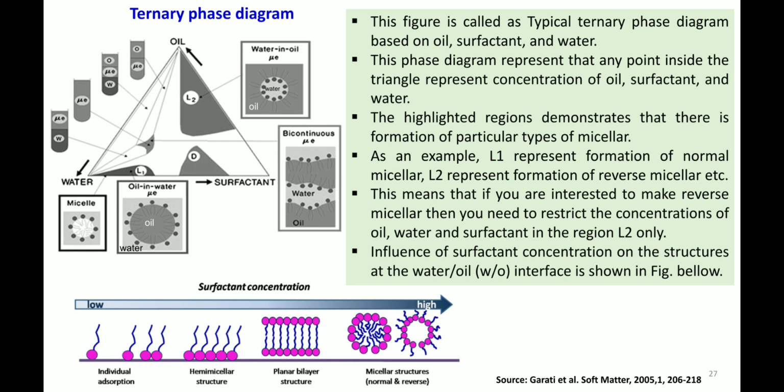If you are interested in more in-depth information about this ternary phase diagram, you can refer to the paper published by Garati et al. in the journal Soft Matter in the year 2005, volume 1, page number 206.